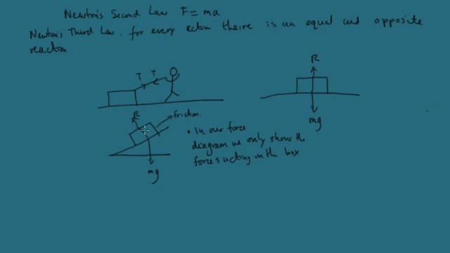So here we've got the normal contact force of the floor acting on the box, but there's also an opposite R coming down here, but we don't put that in. But just bear this in mind as we move forward into these particles connected in the system.